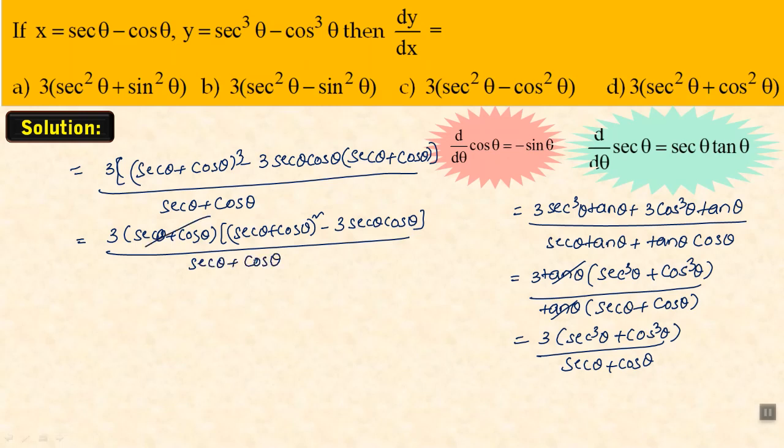Here secant theta plus cos theta gets cancelled. 3 into secant theta. Here it is in the form of a plus b whole square.